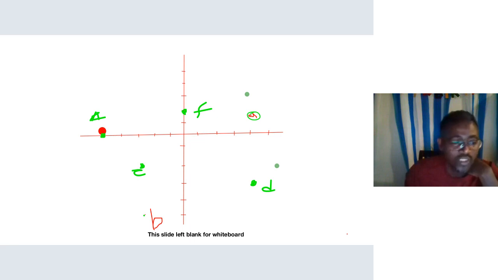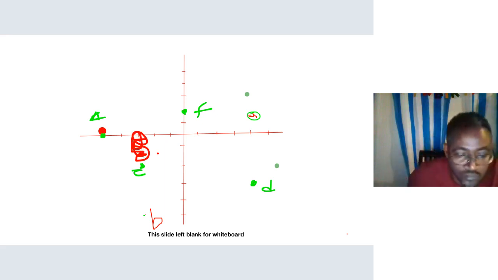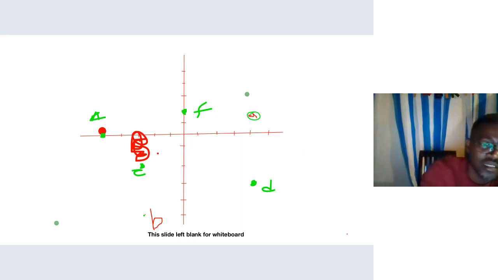Where do you think is -3 and 0? Now, numbers which are on the axis will not be included in any quadrant. So this one is on the x-axis. So -3, 0 is somewhere here. -3, 0. So it is on the x-axis. It's not in any quadrant, okay?